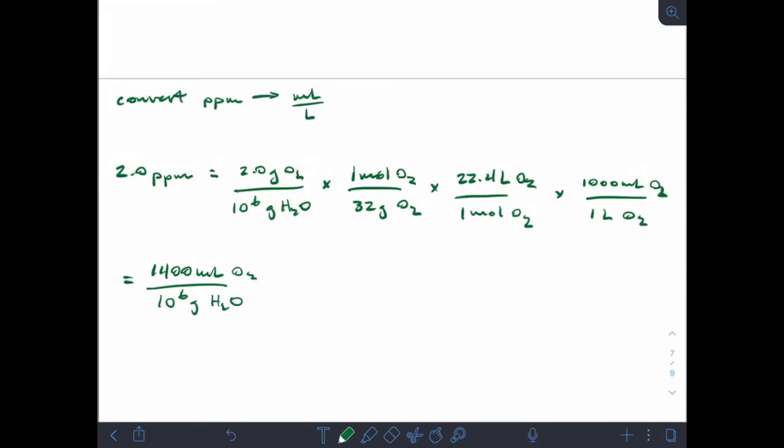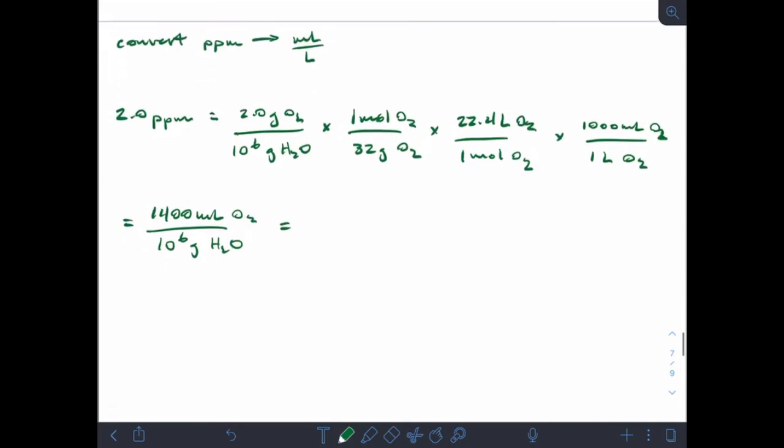Okay, so this is the same thing as saying 1 million grams of water also equals 1,000 liters. Okay, because of the density of water. So this also equals 1,400 milliliters of O2 per 1,000 liters of H2O.